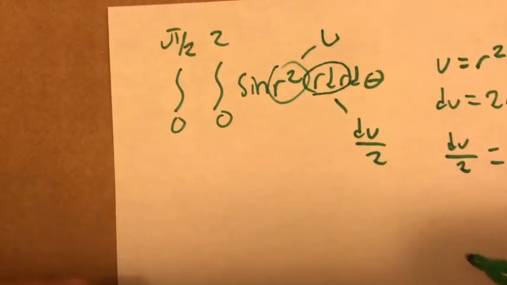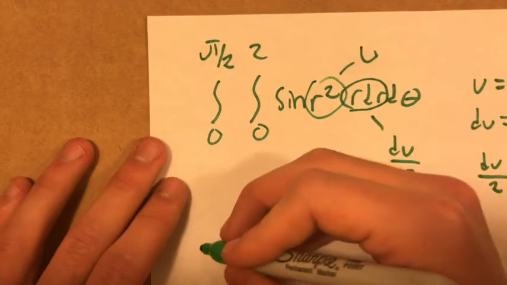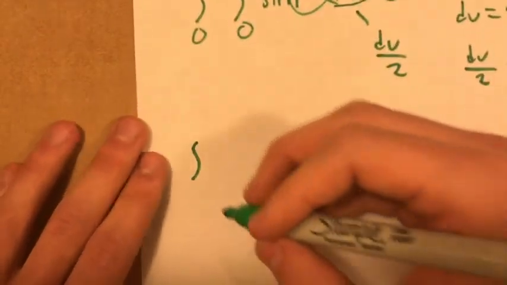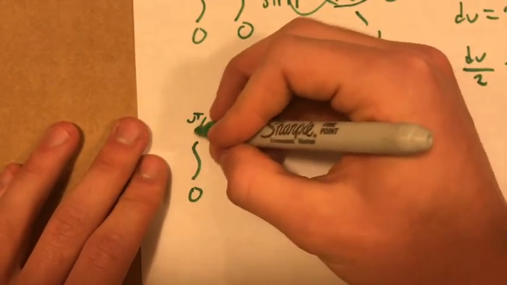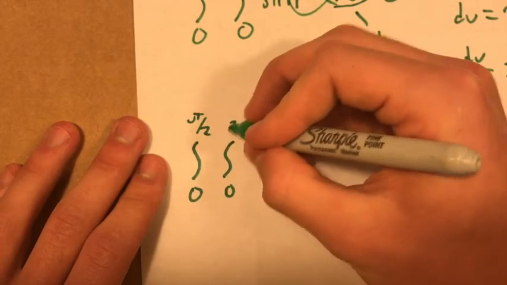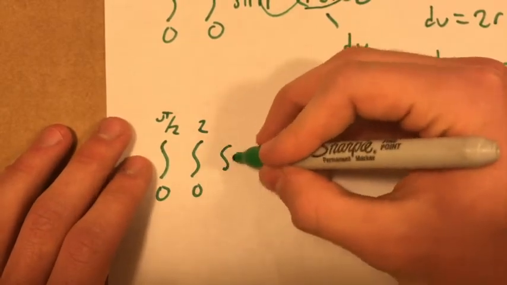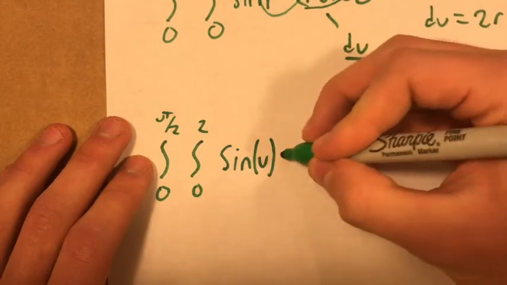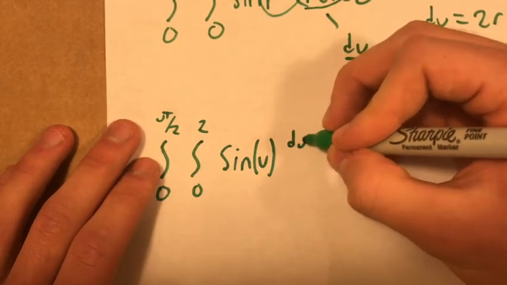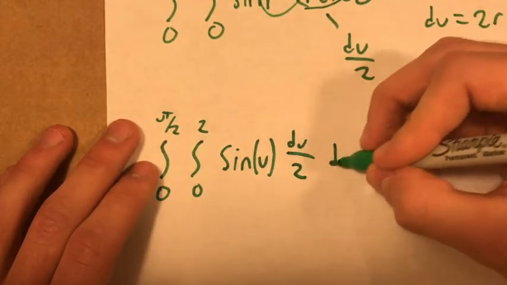And so when we rewrite this, it's going to look like sine u du over 2 d theta.